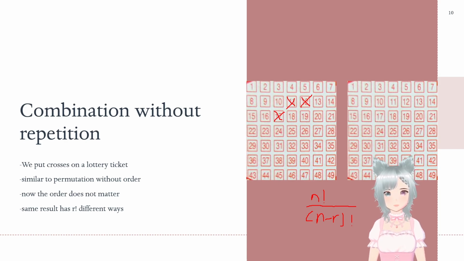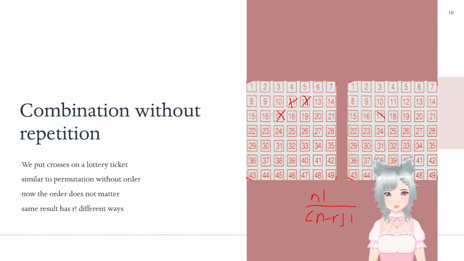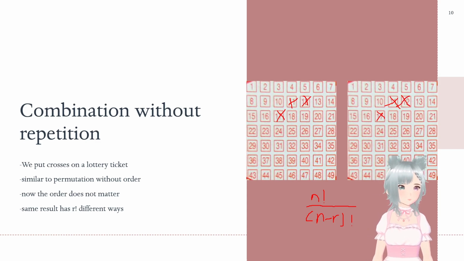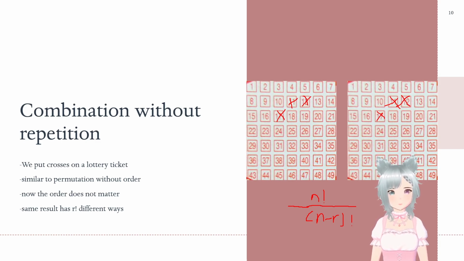The only difference is, for example, we can first cross out this 11, then the 12, then the 17. But we can also first cross out the 17, then the 11, and then the 12. And in the end, we have the same crosses. So now we look at how many different ways we have to cross out the same 3 numbers.